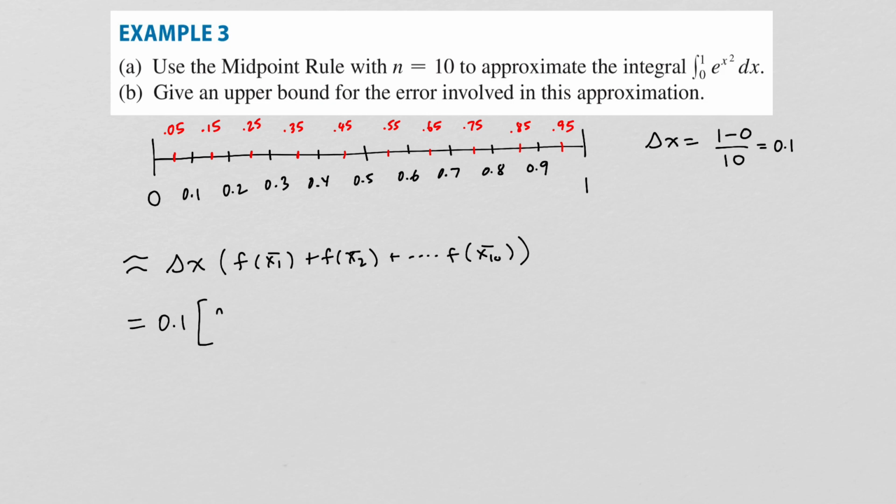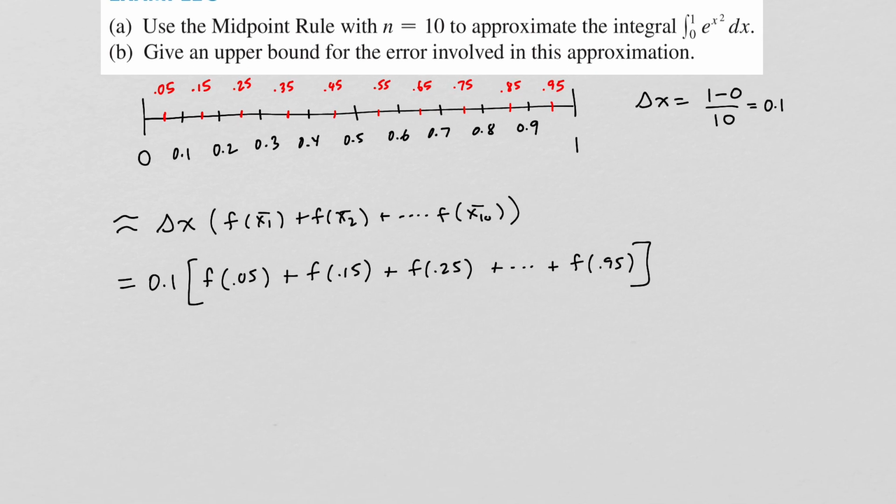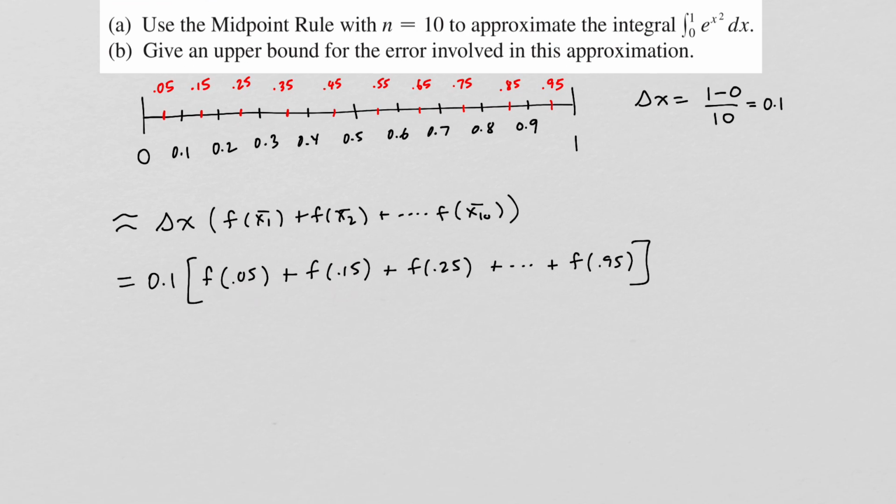F of x1 bar is going to be f of 0.05 plus f of x2 bar is going to be f of 0.15 plus f of the next one is 0.25, etc., all the way up to f of 0.95. And now what you have to do is take each of these values and plug it into the function e to the x squared.